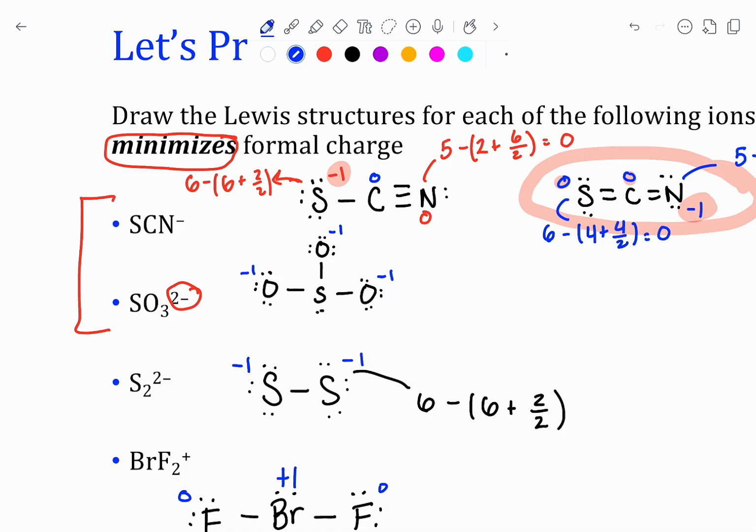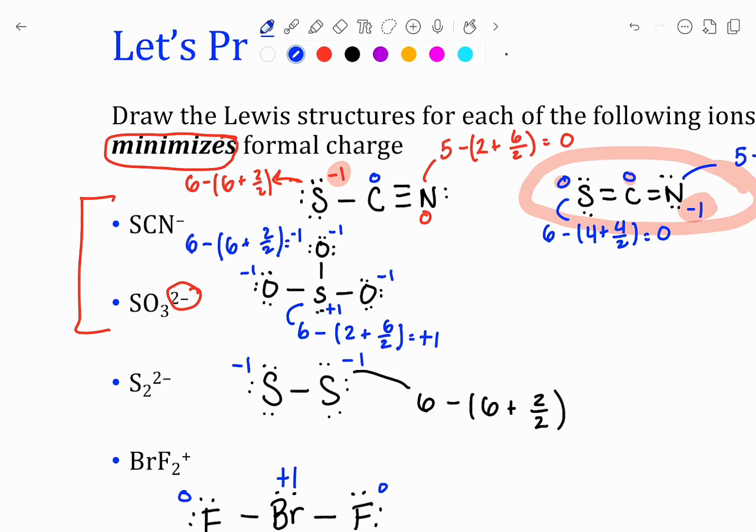It's because they have 6 valence electrons, 6 electrons in lone pairs, 2 electrons in bonds, leading to a -1 charge. So all of those oxygens have -1s for their formal charges. The sulfur over here has a formal charge. Let's calculate it: 6 minus 2 for the lone pair, minus 6 electrons in bonds divided by 2, gives a +1.